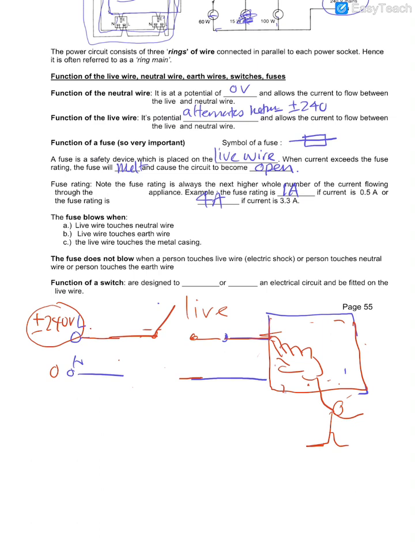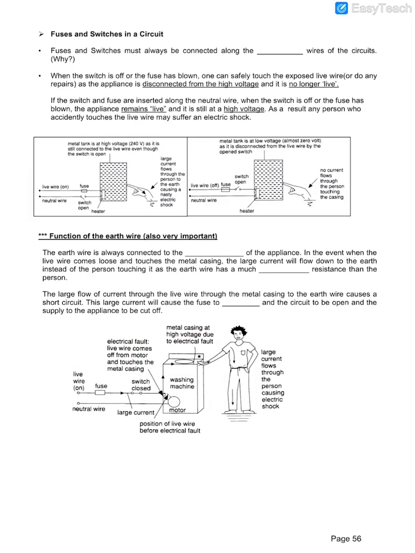Got it? No? Okay, so it is important to know why everything is on a live wire and how to explain it as well. So how to explain it is here. Fuses and switches must always be connected along the live wire.